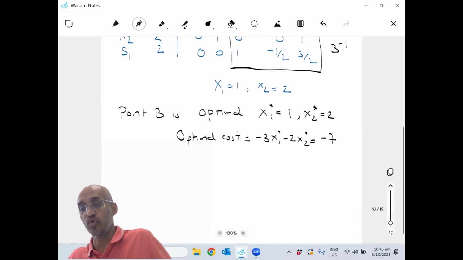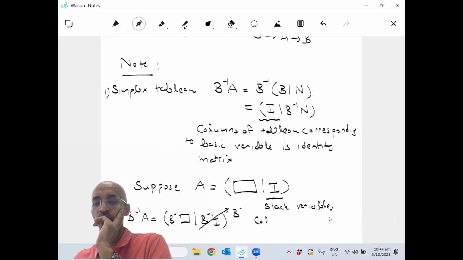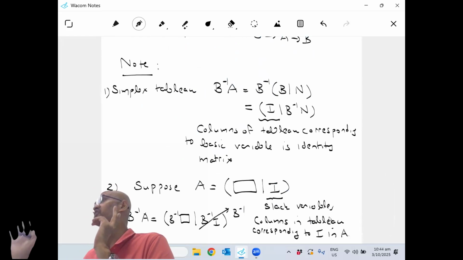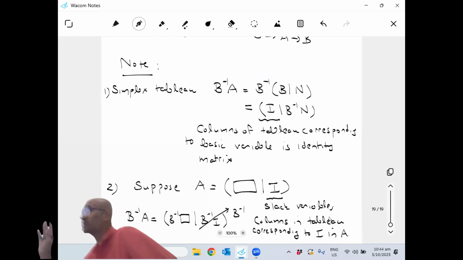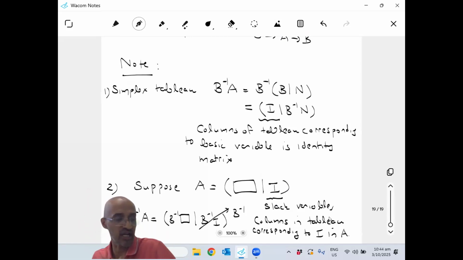Okay. So one of the beauties here is that B inverse can be identified by looking at the columns in the tableau corresponding to the identity matrix in A, if it is there. Sometimes A may not have it, but if it is there, you can find it. Of course, if I give you a basis matrix, I can always find an inverse of a matrix.